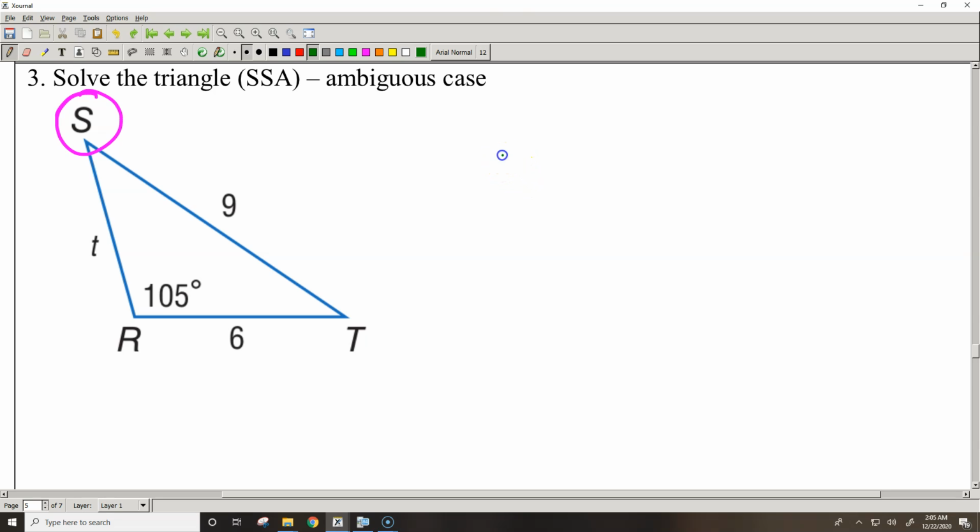So I'm going to start with this and say the sine of 105 divided by 9 is equal to the other combination, which is the sine, in this case, of S. Ooh, that's a bad variable name. The sine of S divided by 6.